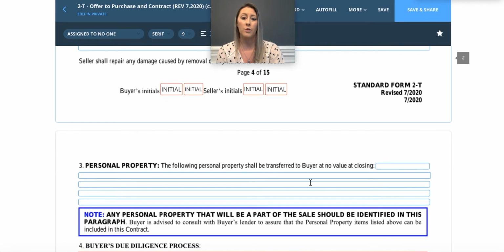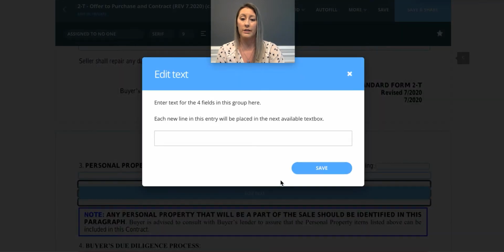So next, personal property. This would be what your clients are going to ask for. If you're doing the walkthrough and you see they didn't say anything about the washer and dryer and your clients do need a washer and dryer, you could say, we would like the washer and dryer. The refrigerator, I usually put on there because those are things that can be taken or swapped out, and you want to be specific, because you don't want to say stainless steel refrigerator and it's not the same one you saw when you showed the house.